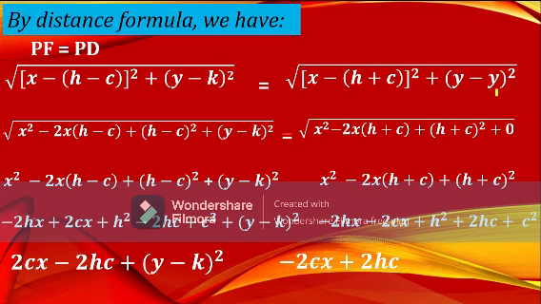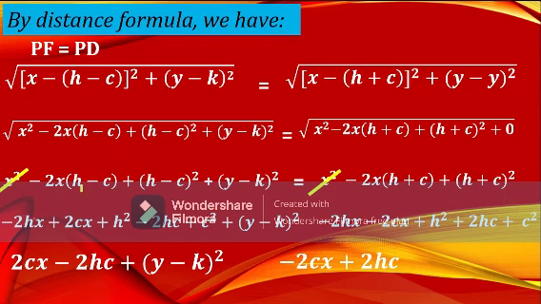squared plus y minus y quantity squared. Then you have the square root of x squared minus 2x times h minus c, plus h minus c quantity squared, plus y minus k quantity squared is equal to the square root of x squared minus 2x times h plus c, plus h plus c squared, plus 0. Then x squared minus 2x times h minus c, plus the quantity squared, plus y minus k quantity squared is equal to x squared minus 2x times h plus c, plus the quantity squared.